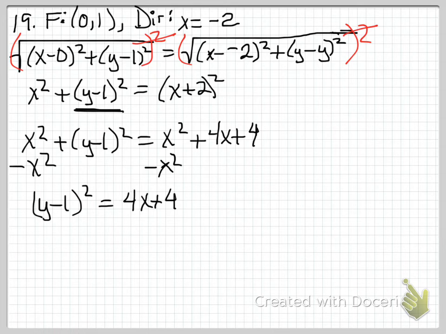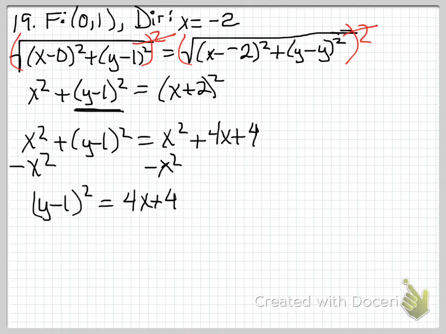Okay? And I look at my 4x plus 4 and I say, what can I factor out? I can factor out a 4. When I factor out that 4, I factor it out from both terms in that binomial. And somebody asked earlier, when I factor it out, why doesn't it go away? Well, because I'm only factoring it out on one side. I'm not factoring it out on the other side yet.